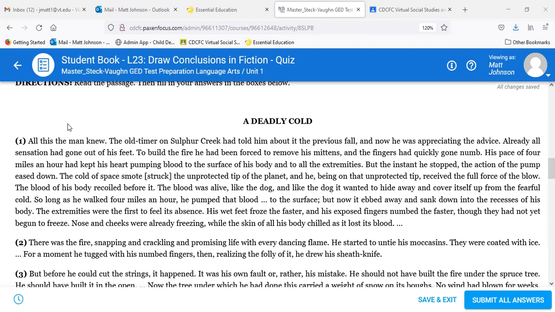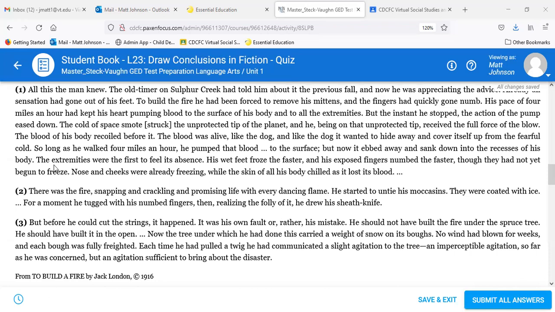Okay. Sasha Gay, you want to read the next 2 paragraphs? There was a fire, snapping and crackling and promising life with every dancing flame. He started to untie his moccasins. They were coated with ice.